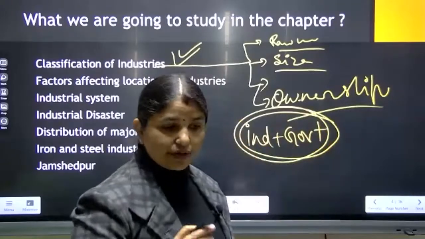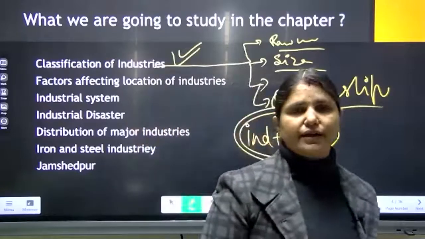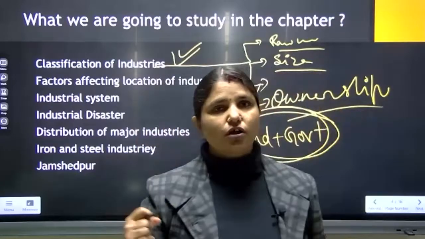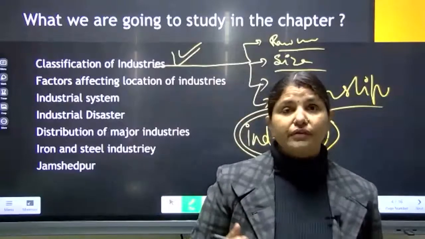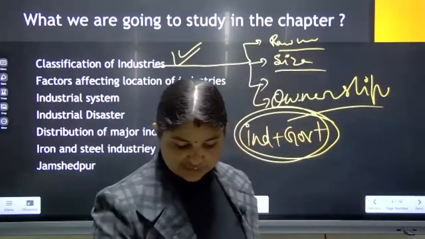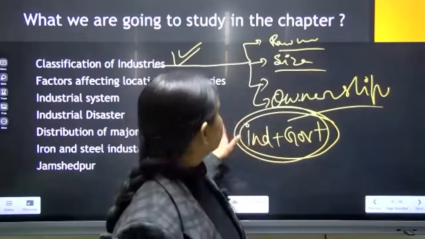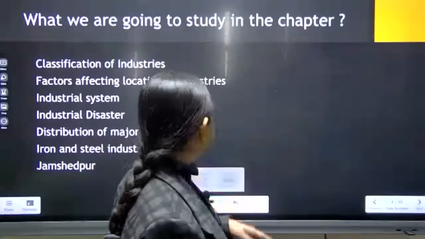Some percentage is held by the government and some percentage by the individual. That is the joint sector industry.